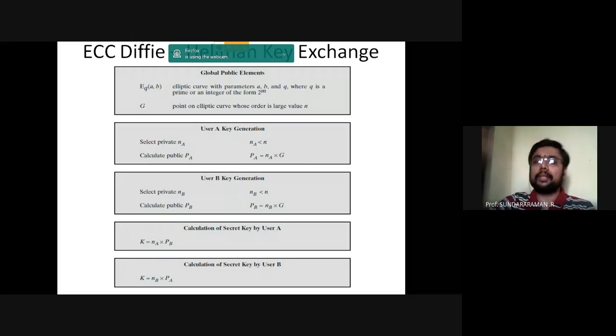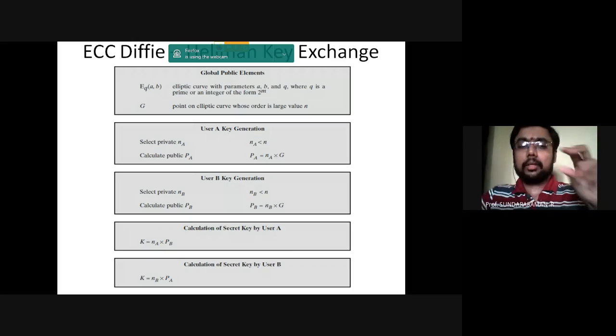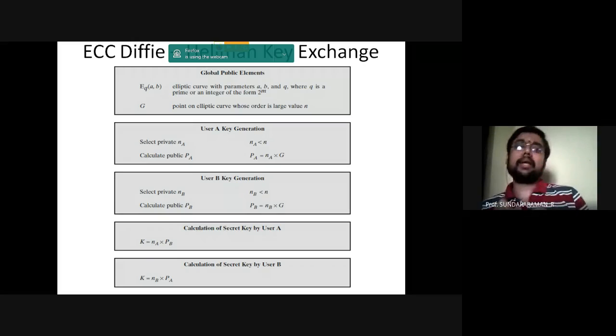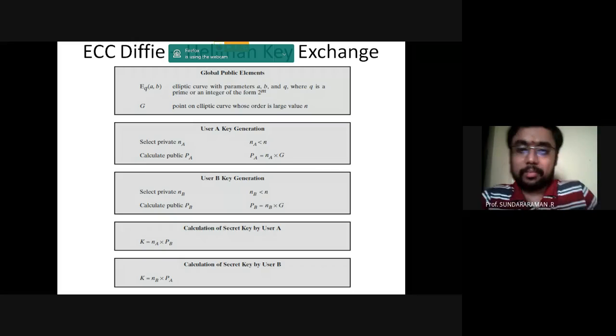Based on that, N should be a large number. User A will be choosing a private key NA, and user B will be choosing a private scalar NB. For both NA and NB, the condition is that they must be less than N.